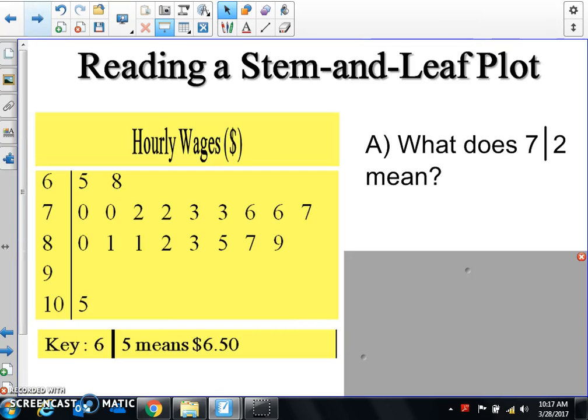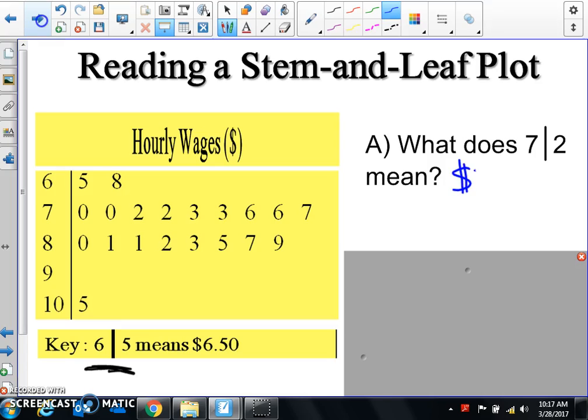So once again, you're writing down hourly wages and drawing that entire stem plot real quick, okay? If I look at the key down here, it says that 6-5 means $6.50. So if it says 7-2, that is $7.20, because the 6 was just the dollar amount, 5 is the cent amount.